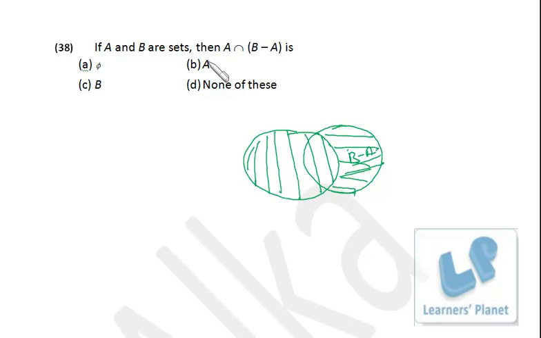Okay. So can you see anything common between A and B minus A? No. Right? So A intersection B minus A, it's a null set. Okay, nothing is common between these two. B minus A itself means only B. So if it is A and intersection only B, then nothing can be common.